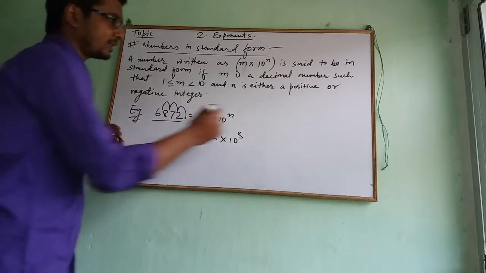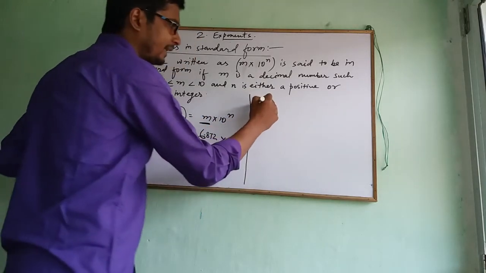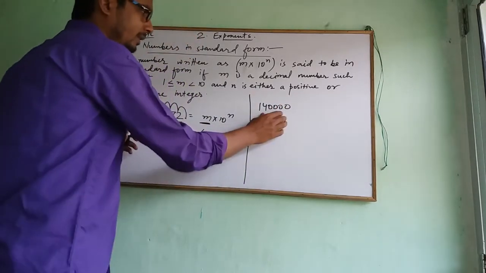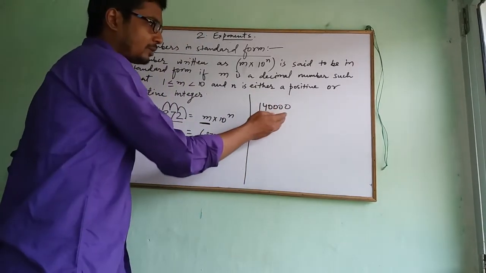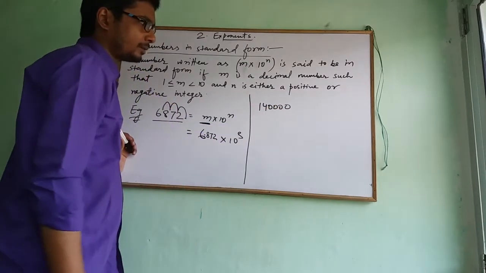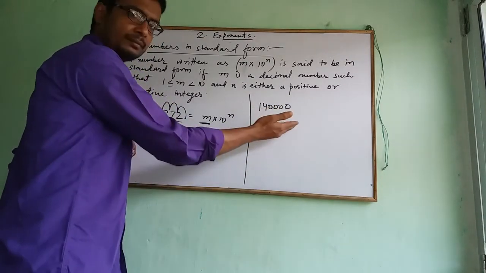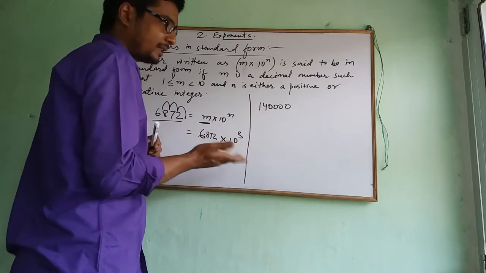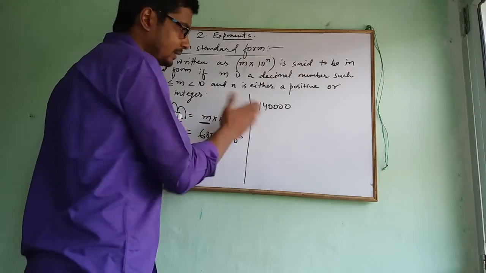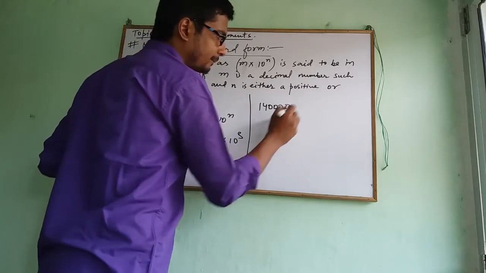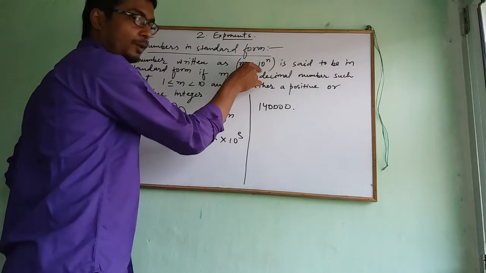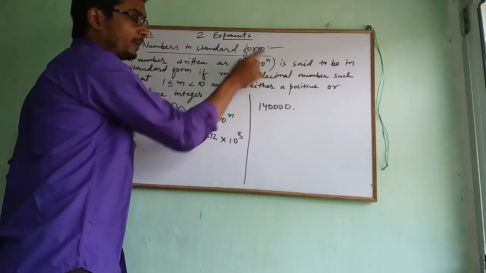Now let's take one more example. Let's suppose I have this number, 140000, that is 1,40,000. Now I have to represent this in standard form. So how will I represent it? You can see here in this number the decimal is here, and I have to represent this in the form m into 10 to the power n.